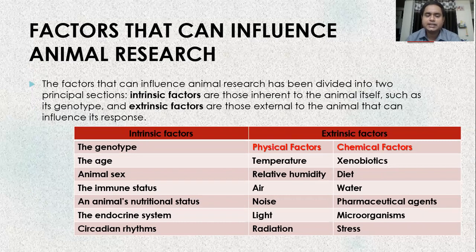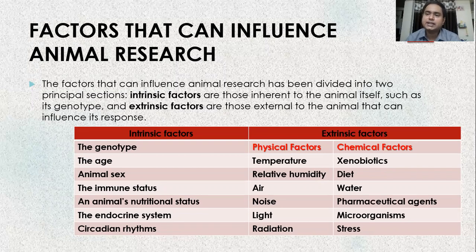The intrinsic factors consist of the genotype, age, animal sex, immune status, nutritional status, endocrine system, and circadian rhythm. These aspects cannot be controlled, unlike the extrinsic factors. The extrinsic factors can be divided into two groups: physical factors and chemical factors.